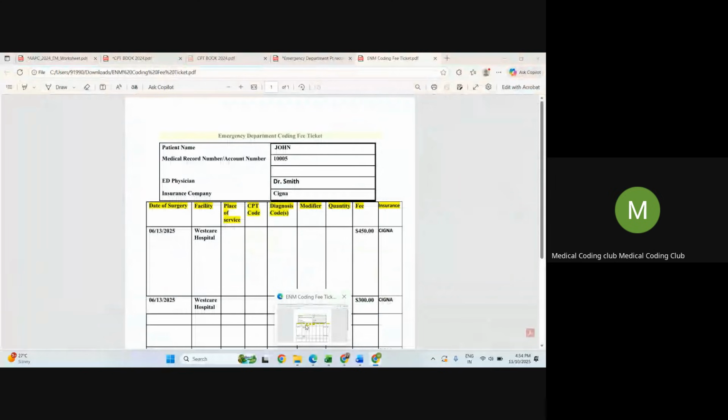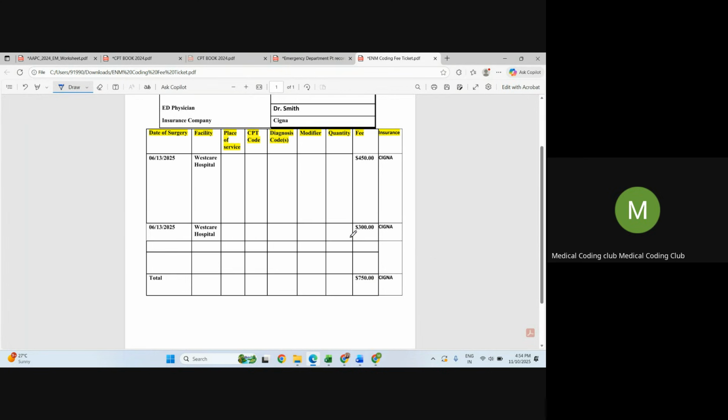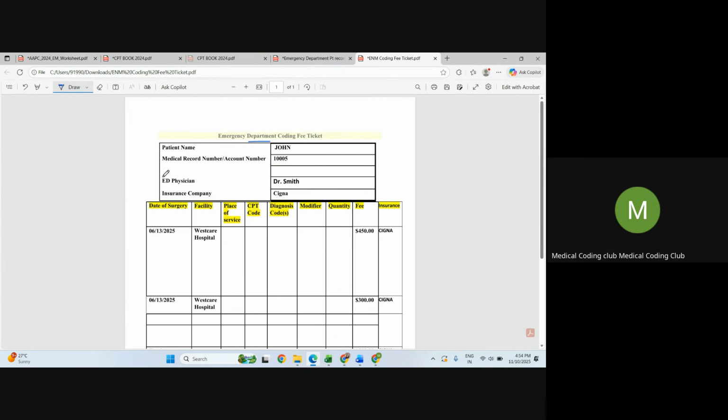I was just opening the emergency department coding fee ticket, so that it will help you understand how we accurately assign the codes.